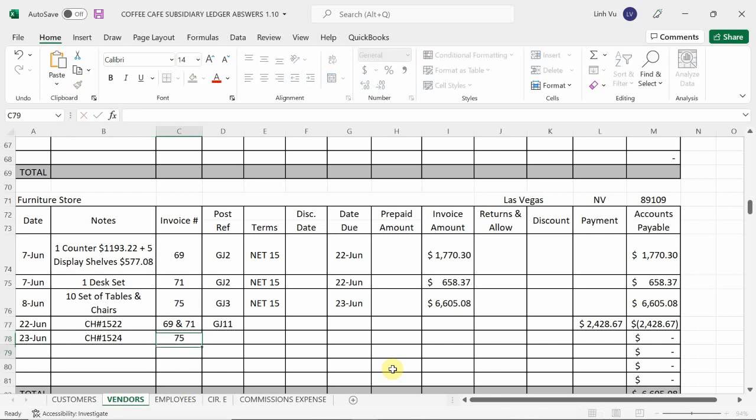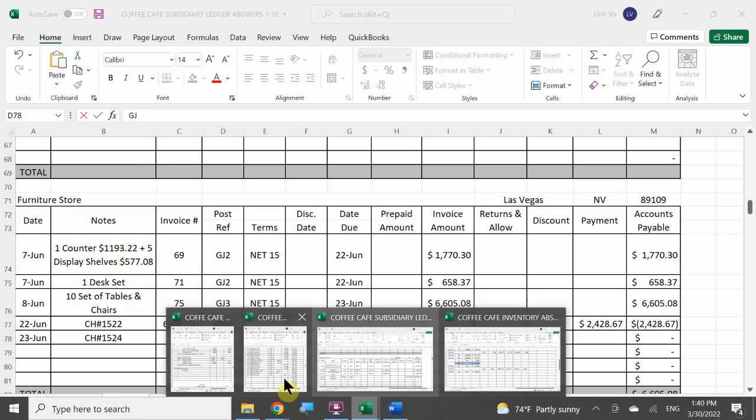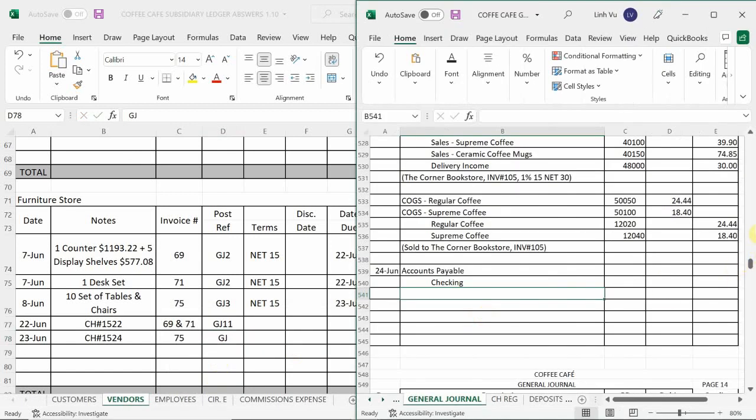For invoice number 75. And in this case, we're just going to have to correct it, saying that this is a journal. What page are we on in the journal? Page 13.